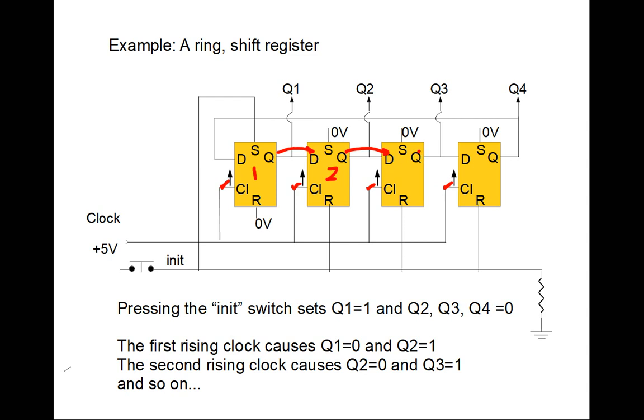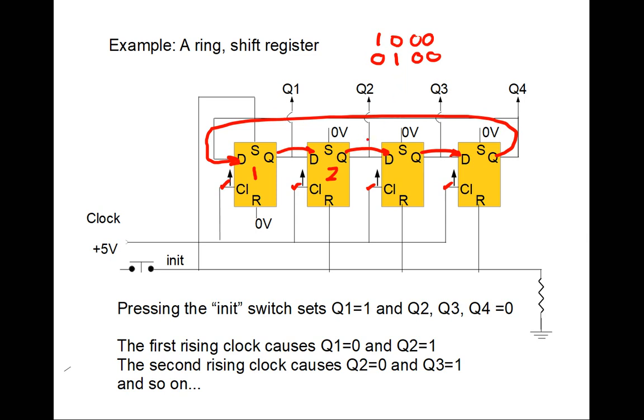And this was 0, so this is propagated to the fourth flip-flop. Finally, this was a 0 because of initialization, and this 0 is propagated around to the first flip-flop. So we go from 1, 0, 0, 0 to 0, 1, 0, 0. We moved the 1 over. We shifted it over by 1 place.